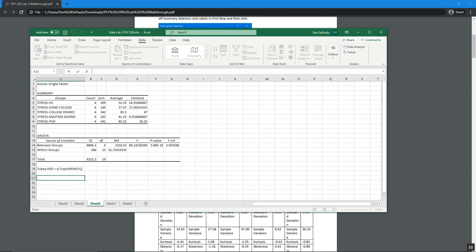Q is the studentized range statistic. So in your textbook, you'll have an option to find Q. Open up your textbook in your appendix, and you'll be able to find Q. So I'm grabbing the textbook.